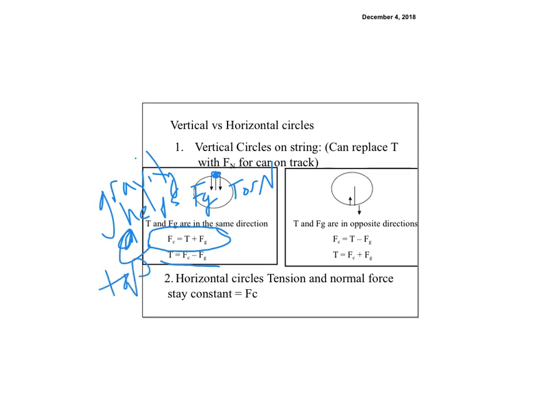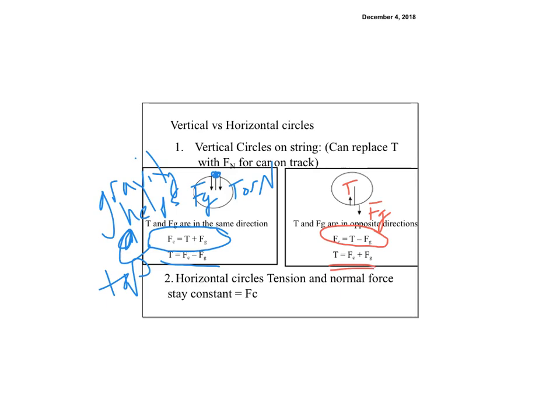When at the bottom, however, you still have T pulling it up, and now FG is pulling it down. Well, they're pointing opposite ways. And so now you can see that FC is going to be equal to T minus FG, because T is the one pulling it in and it has to fight against gravity. So now my tension is more, right?